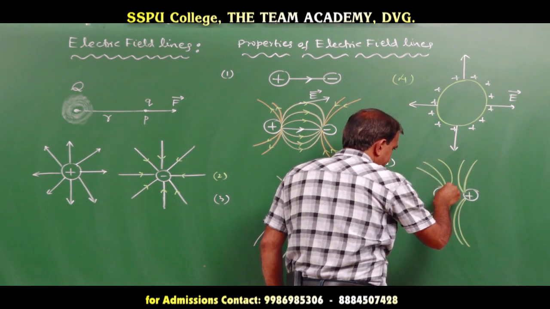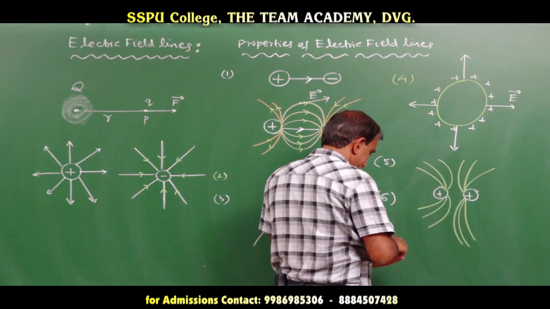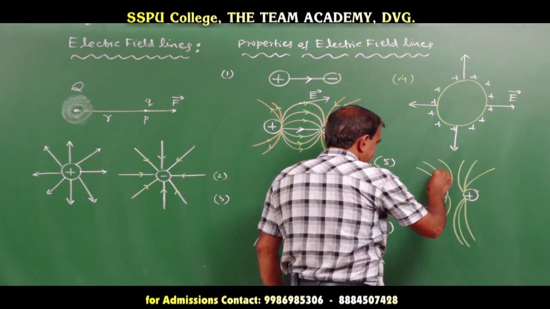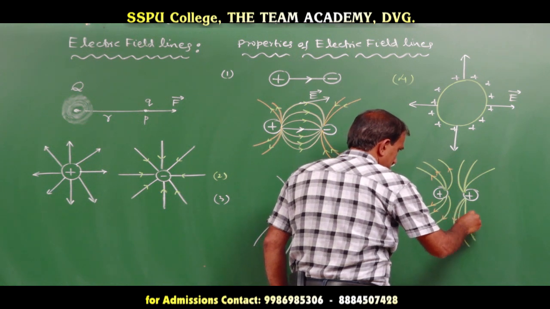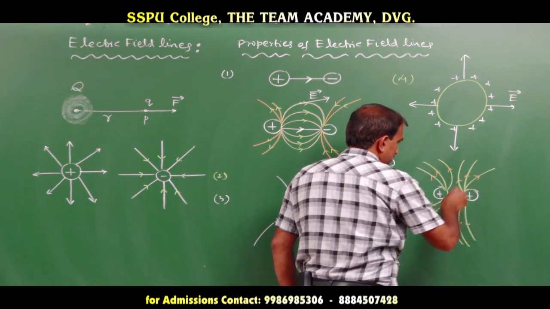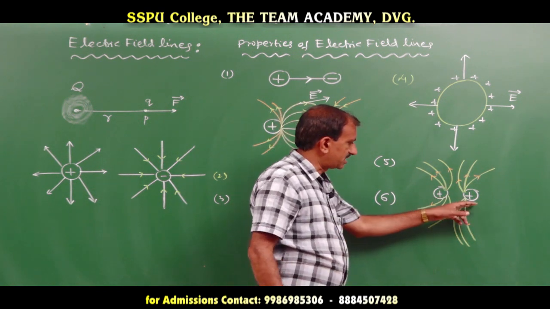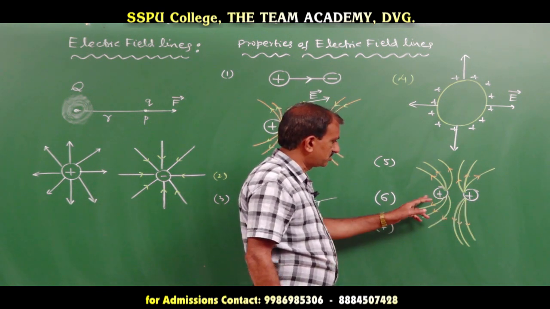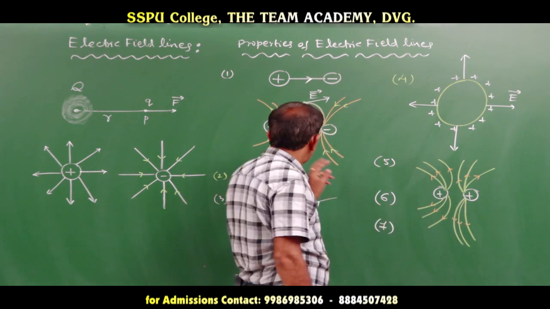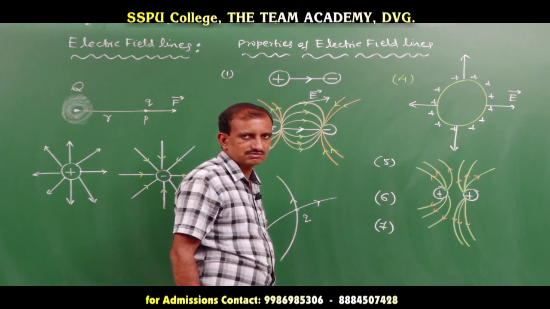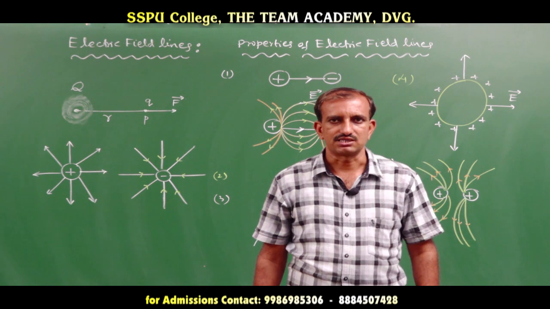These are the electric field lines for two positive charges. Therefore, like charges repel each other and unlike charges attract each other. Okay, these are a few properties of electric field lines.